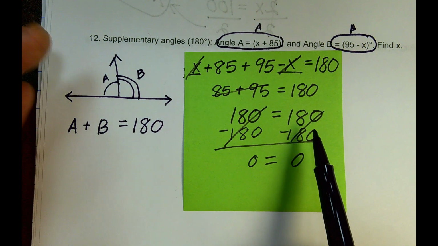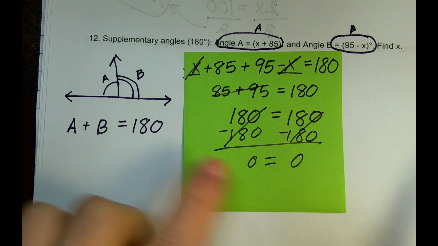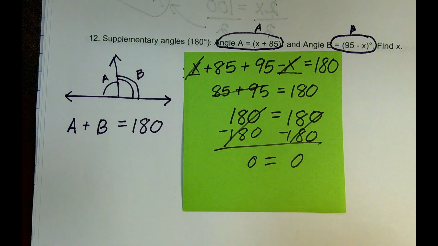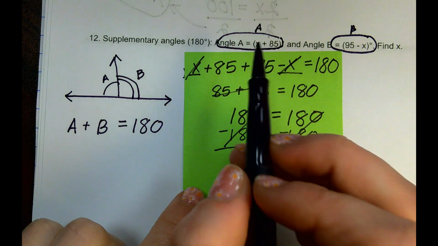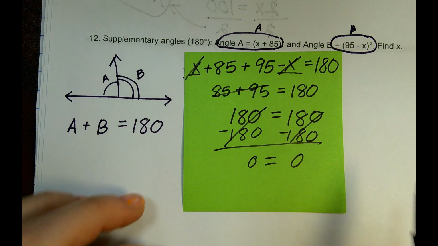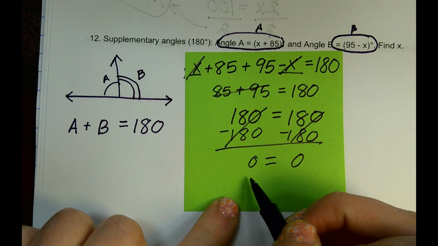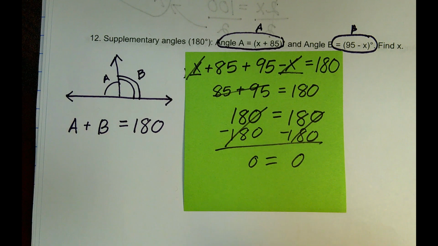Yes, it's true. 0 equals 0, is that true? Yes. So if it's true, then what that means is that X can be any number in the world. So yes, this means that all real numbers, any number that exists, can work for X, and we'll check that.